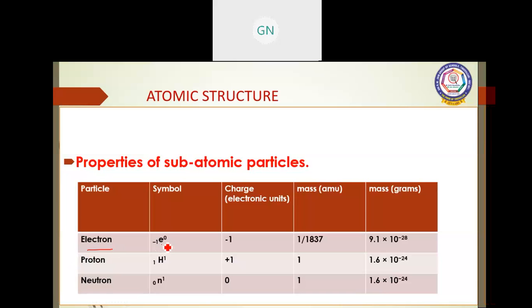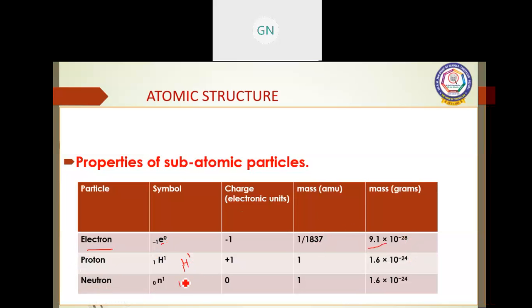Electron is represented as e, with minus 1 electronic unit charge and 1 by 1837 as the mass, and the electron mass is 9.1 into 10 to the power of minus 28 gram. Proton is represented as H, with 1 electronic unit of charge, 1 as the mass, and 1.6 into 10 to the power of minus 24 gram as the mass in grams.